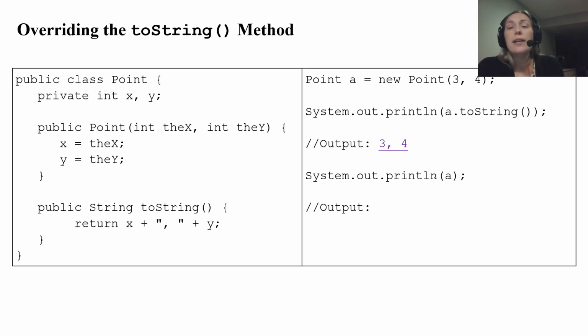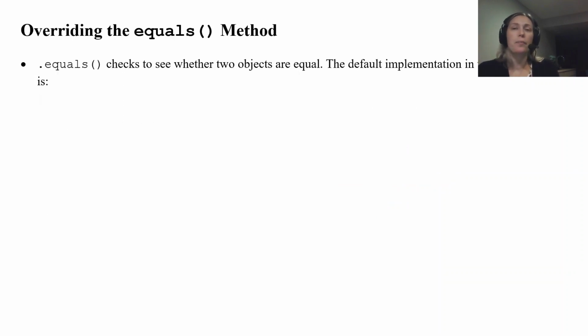Remember, with println you can also just use the reference variable name, and it will run the toString method as well. That's a fun feature of that method itself. That's a toString. We've written them before, but now we're talking about overriding the Object class.